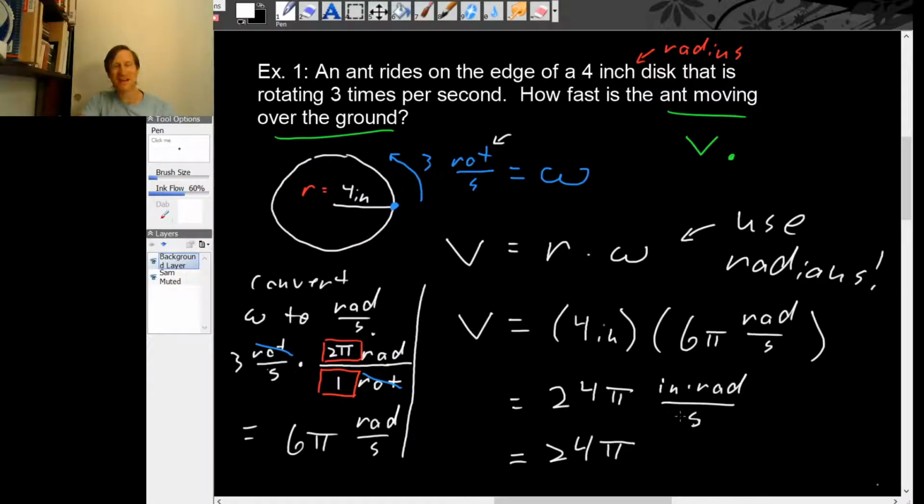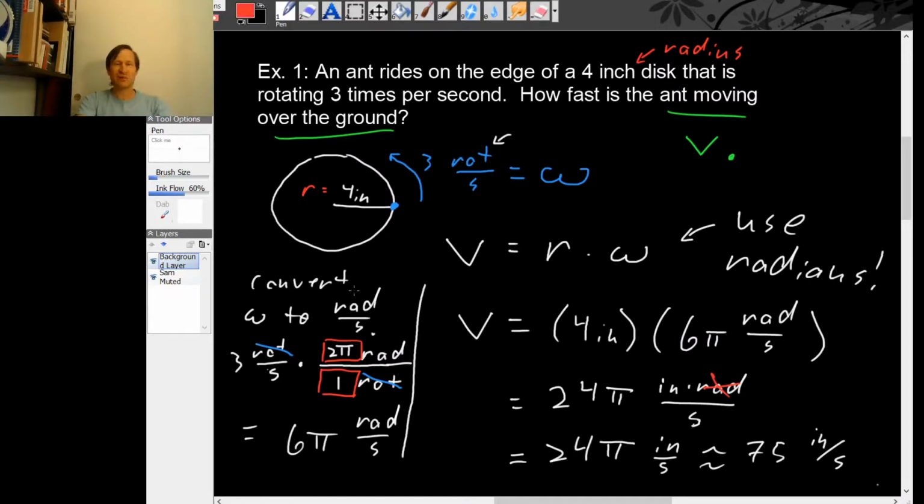But we aren't measuring an angle anymore, so just stop writing radians. That radian unit was imaginary to begin with, so it disappears. So we get 24 pi inches per second, which is about, pi is about 3, 24 is about 25, so that's about 75 inches per second. So that poor ant is moving at 75 inches per second. I hope it can hold on.